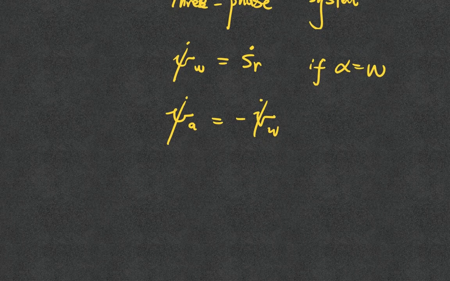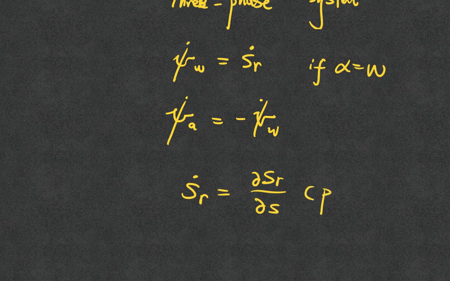Now, another relationship that is important is that if you take the derivative of S, the degree of saturation, you get the tangent of that with respect to the suction times the rate of change of the suction, which is just according to the chain rule.